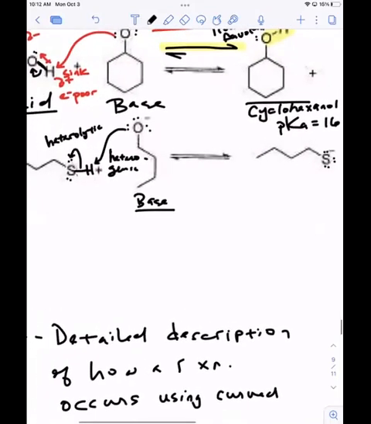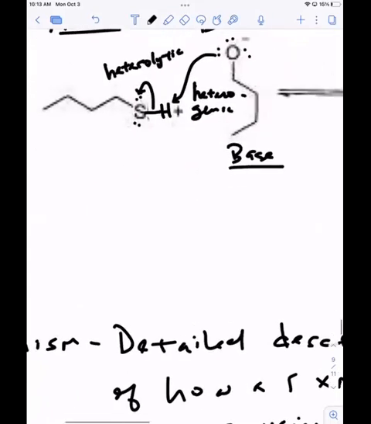Question is, which way will the equilibrium favor? What do you think? How can we tell that? How do we predict the equilibrium? What do we need to predict the equilibrium?